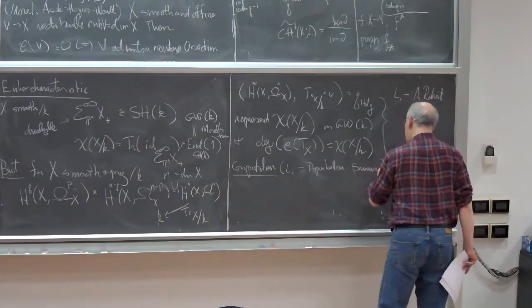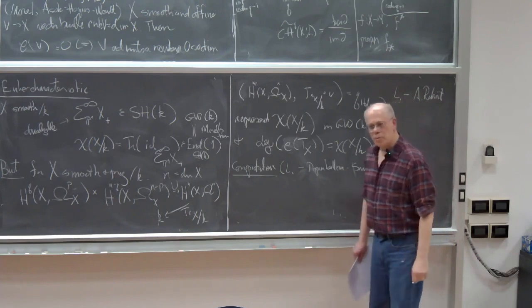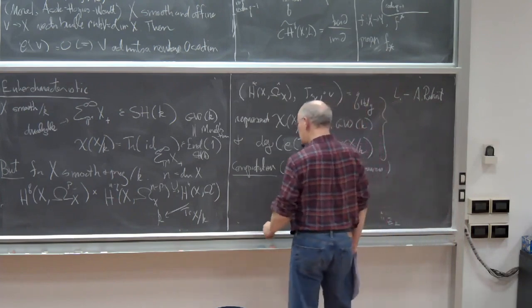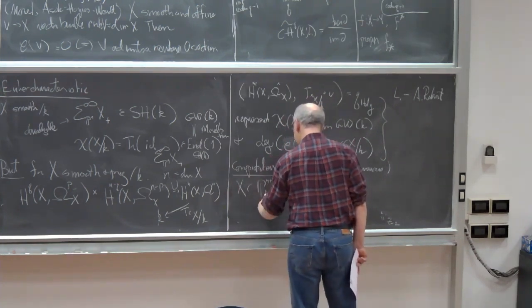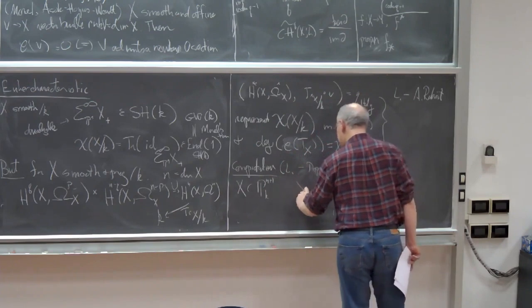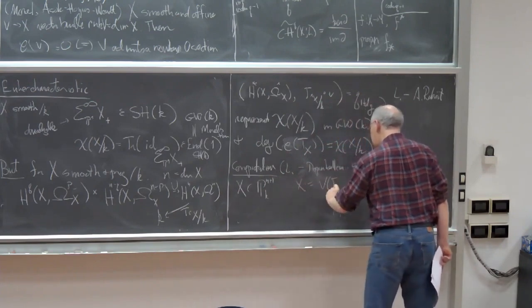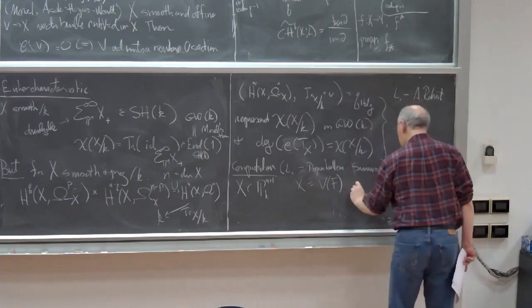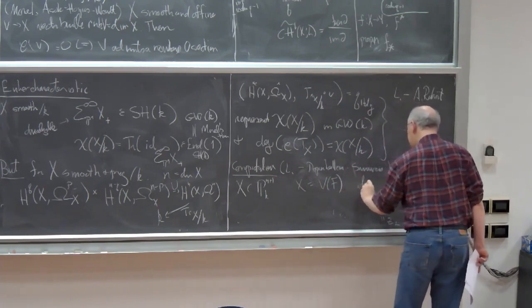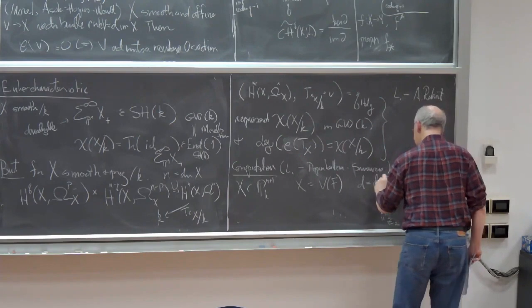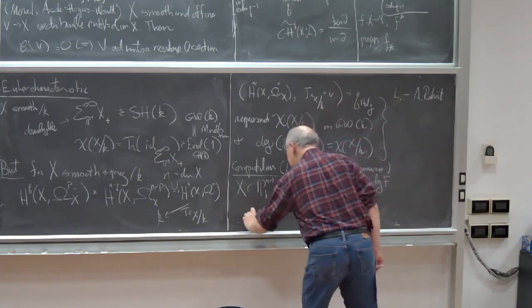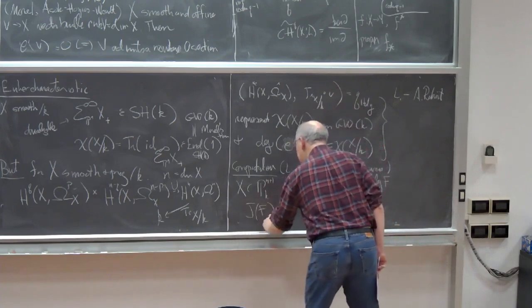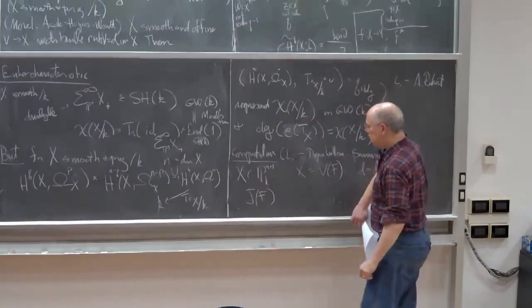In the interest of time, I won't go through all the details here, but they say if you have X inside of a projective space, defined by some homogeneous polynomial F of degree D, you take the Jacobian ring of this F. This is very explicit.